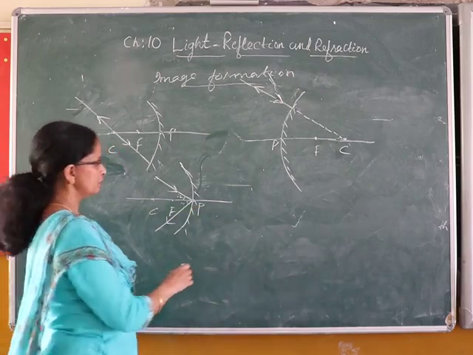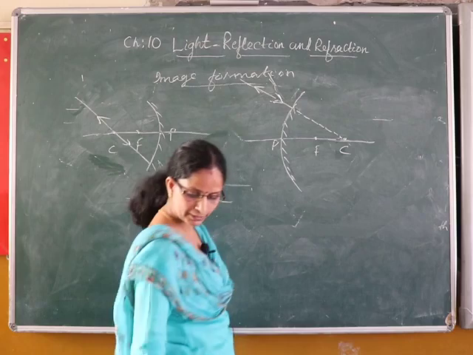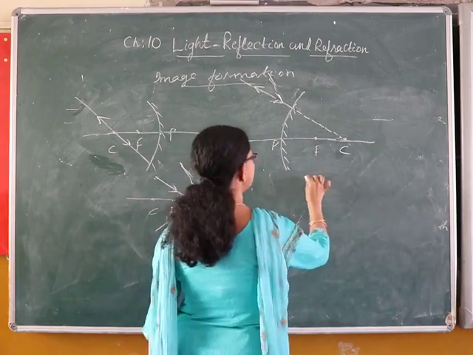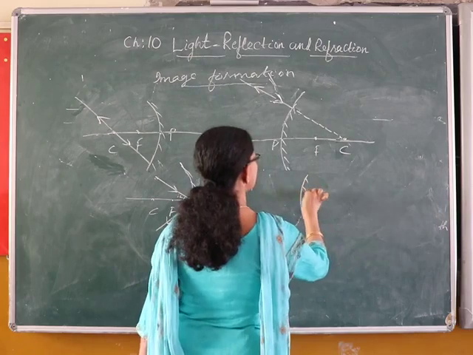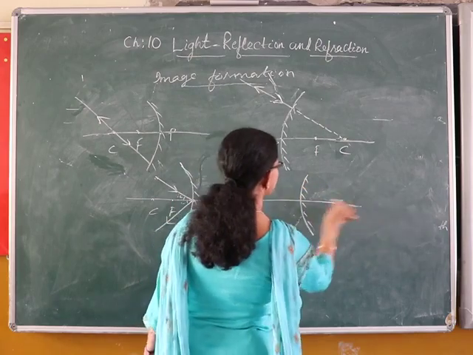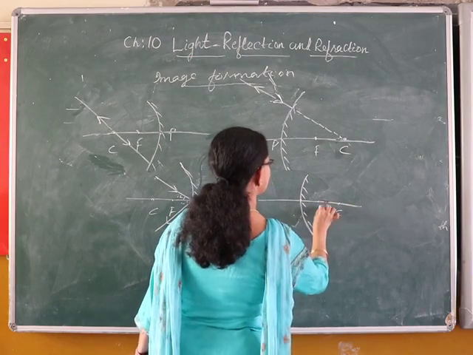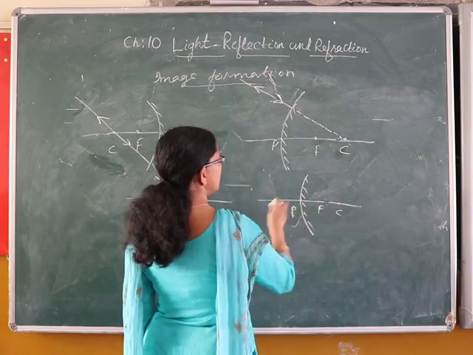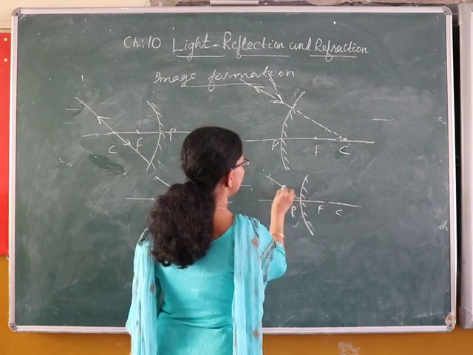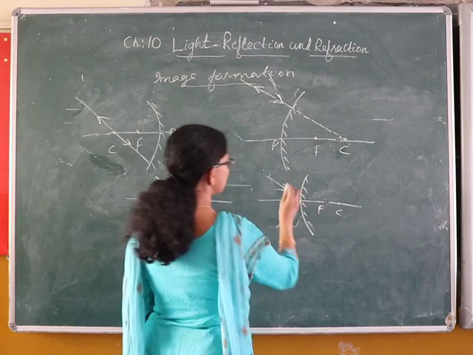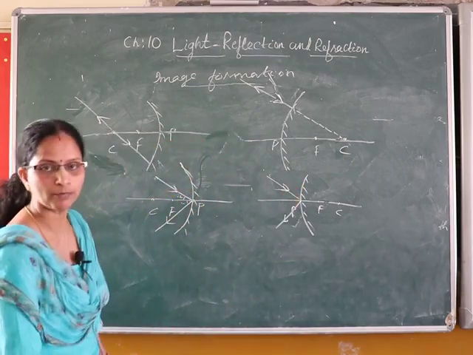By obeying that rule, the ray will be reflecting back. That is the fourth type, and that is also the same for the convex mirror. If a ray strikes on this mirror, by obeying the laws of reflection, that light ray will be bouncing back.